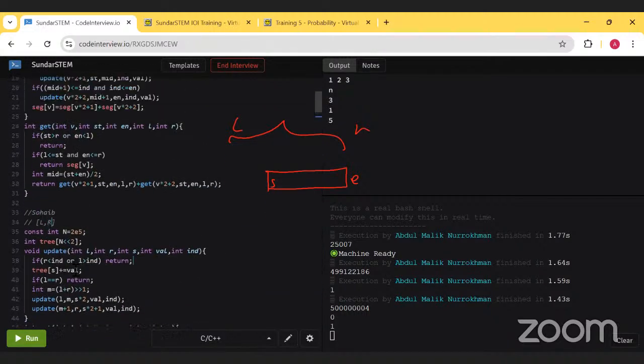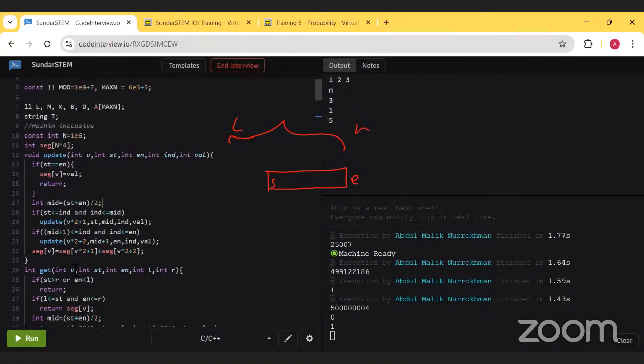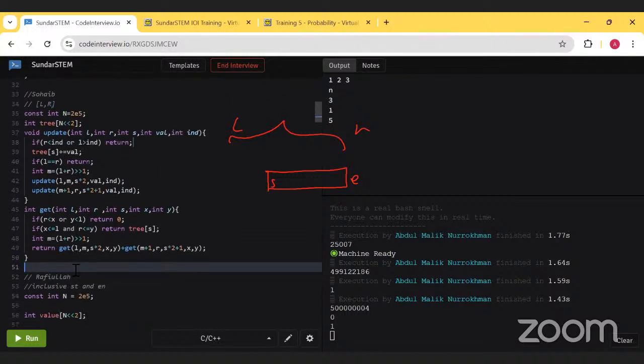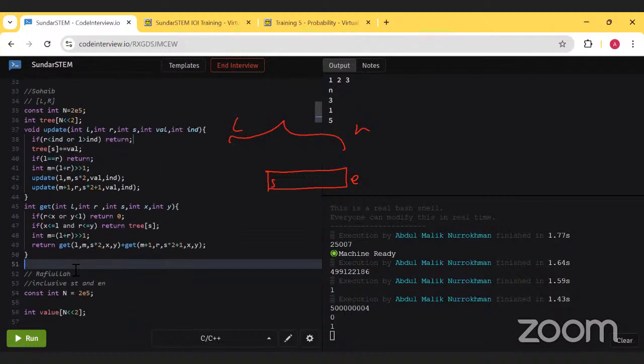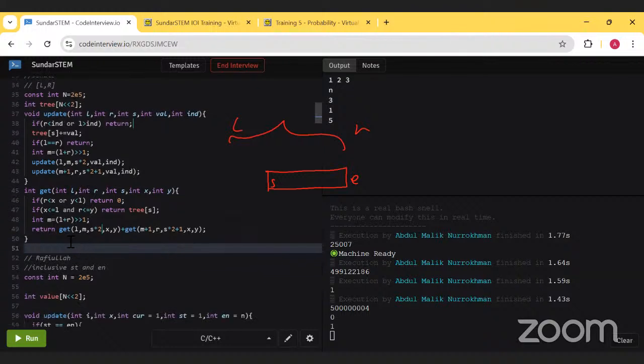Okay, so you already know the concept and why so many problems can be solved by segment tree, because it is so flexible. It can not just solve the sum, but also the maximum.